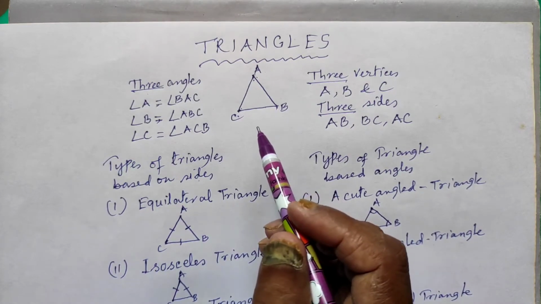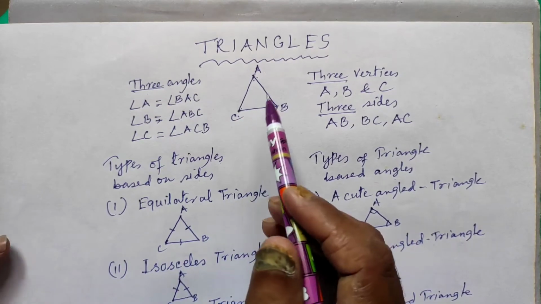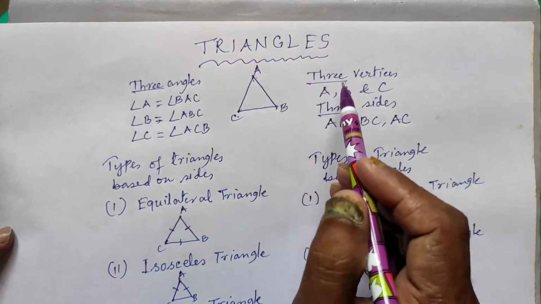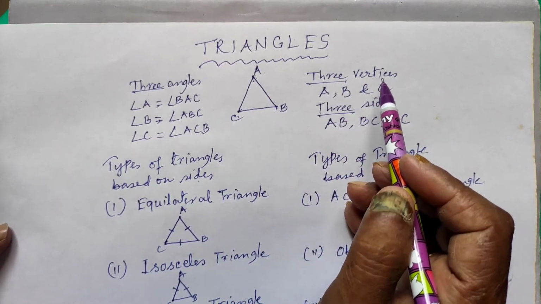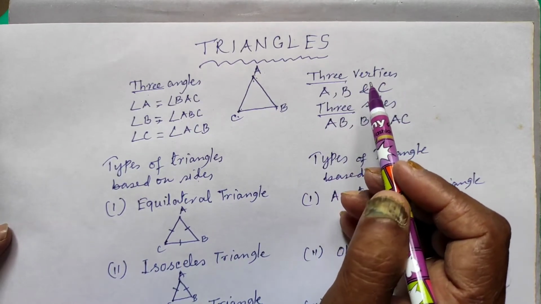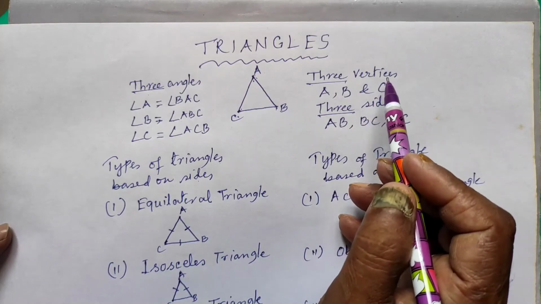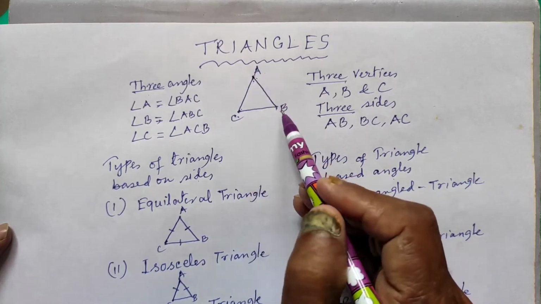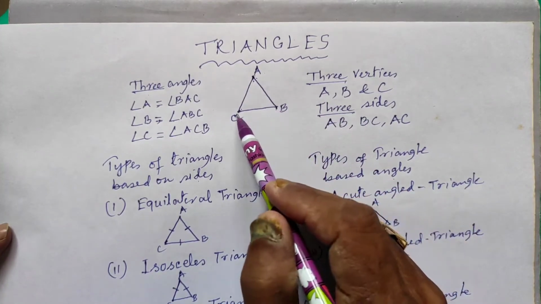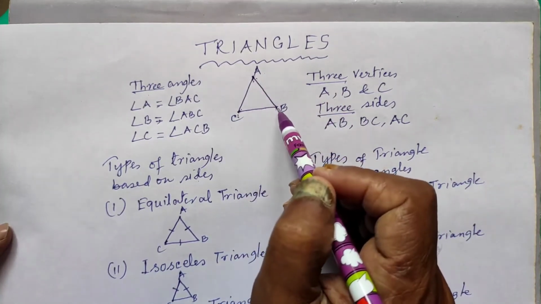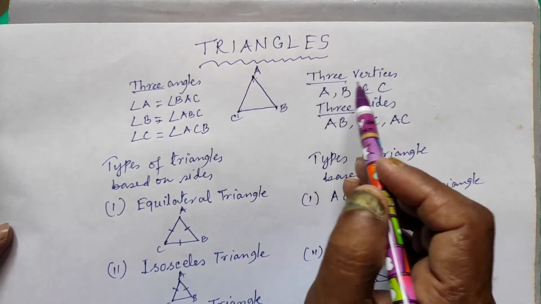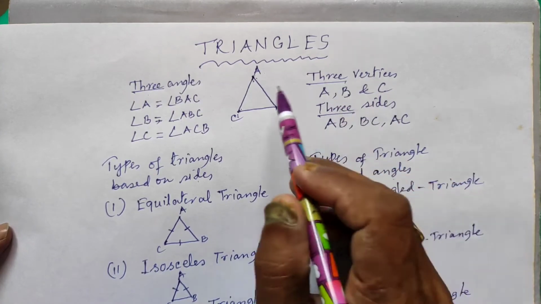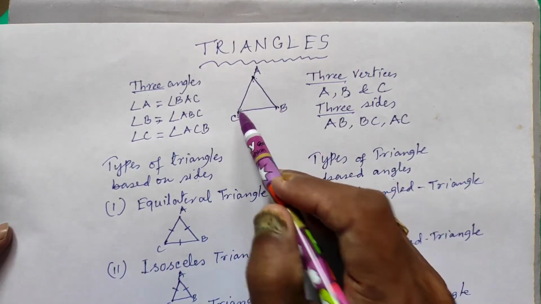Remember that a triangle consists of three vertices. Vertex is the singular, and vertices is the plural. Here A, B and C are the three vertices.